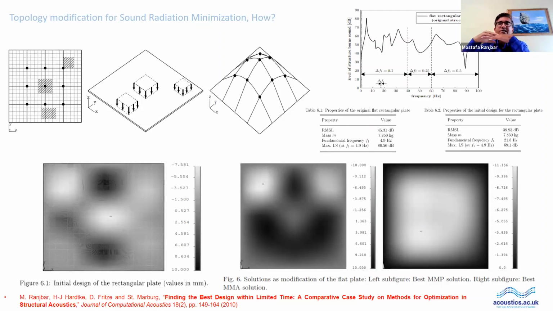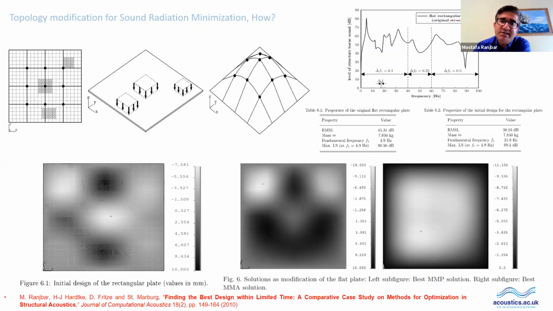When they change statically, the shape of the plate changes, and this change can affect the stiffness of the structure, therefore affecting the surface displacement and surface velocity under different types of excitation.